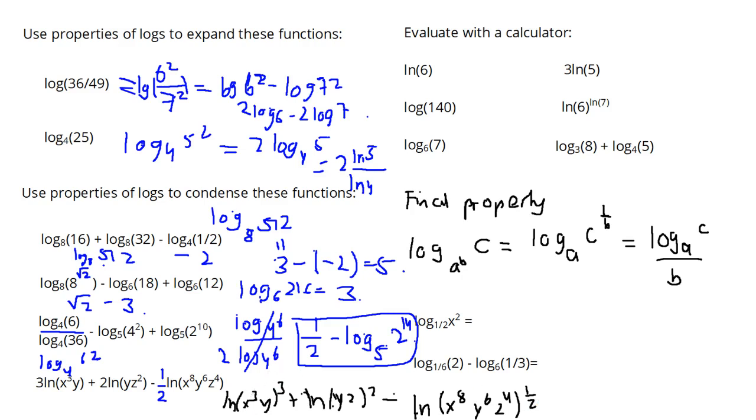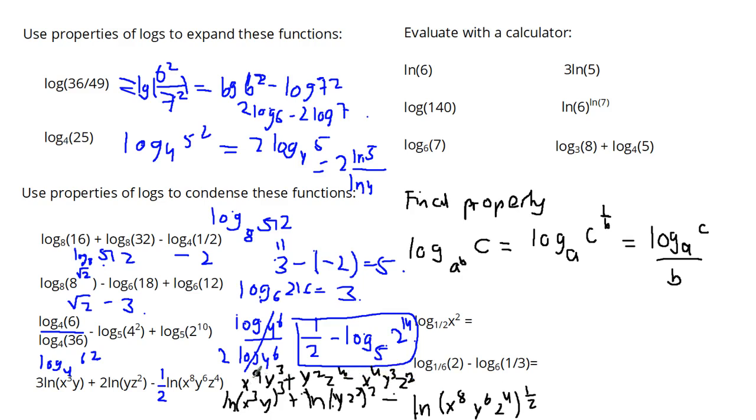Apply the exponents. We'll have x to the 9, y to the 3rd. This is yz squared, right? So y squared, z to the 4th. And then this is, apply 1/2, so x to the 4th, y to the 3rd, z squared.